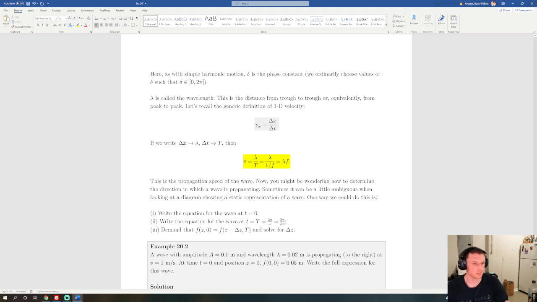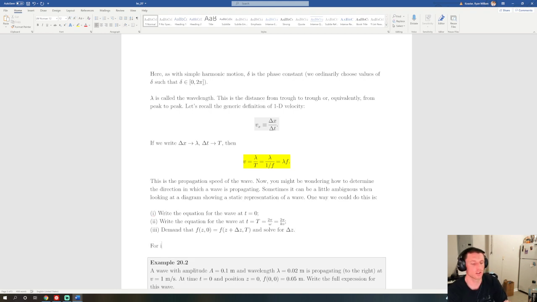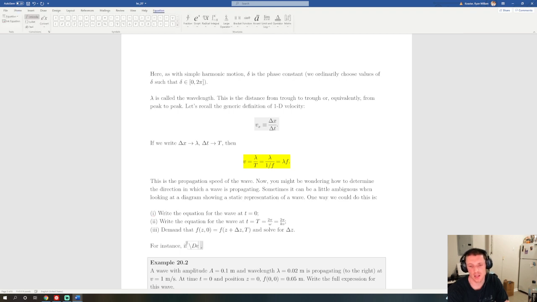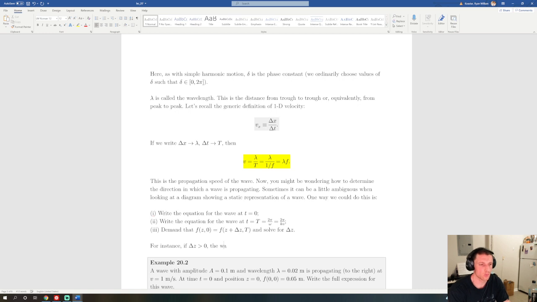Just because I say this in the video doesn't mean you can just say, oh, you said it in the video, for the homework assignment. I'm still going to want you to show this, okay? So for instance, if delta z is greater than 0, the wave is propagating to the right.